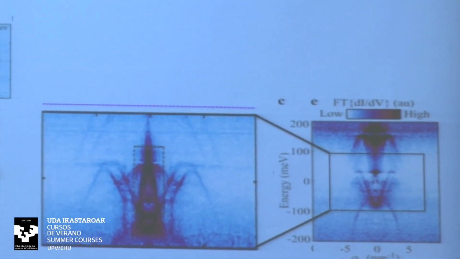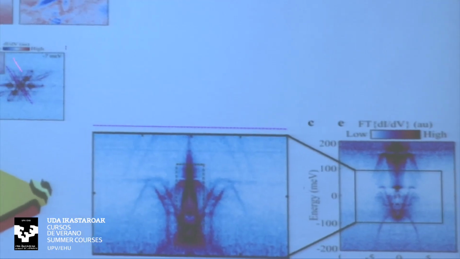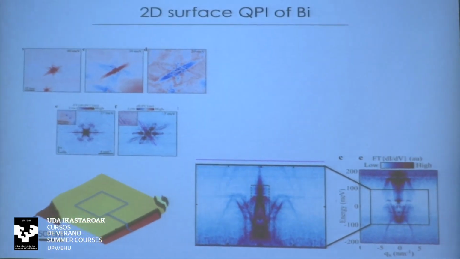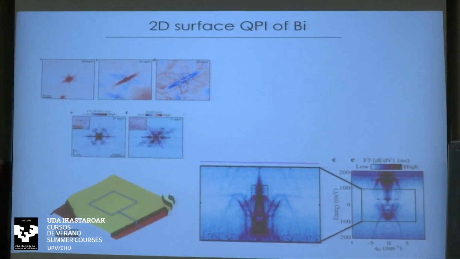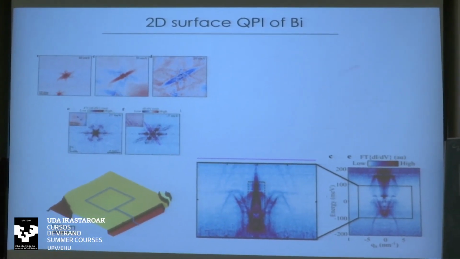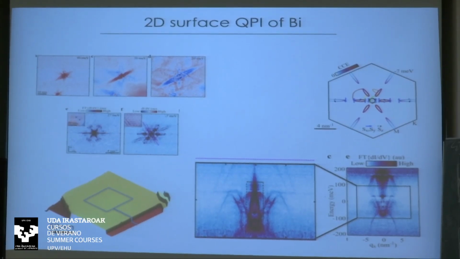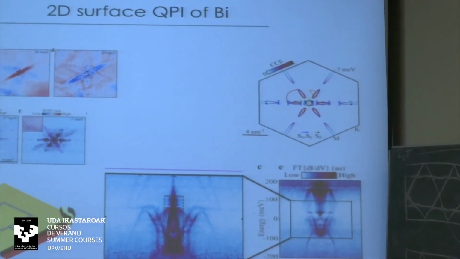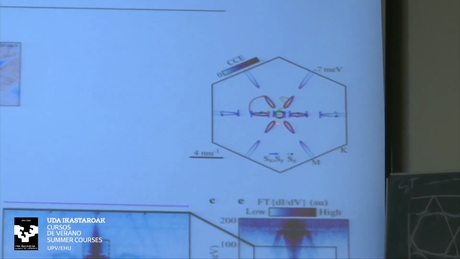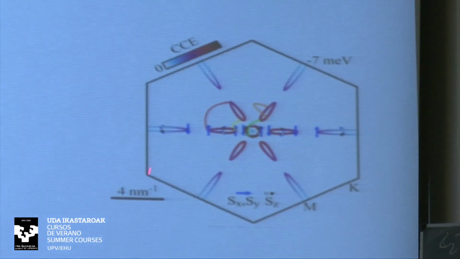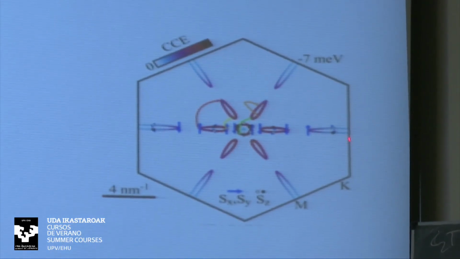But generally, we see the same dispersion when we look at the gamma M cut, but of course, the point impurity allows us to examine the whole band structure of the surface. And basically, this is the surface pocket structure I was referring to. So we have this electron pocket around gamma and these 6 electron ellipse-like pockets at the edges of the Brillouin zone.